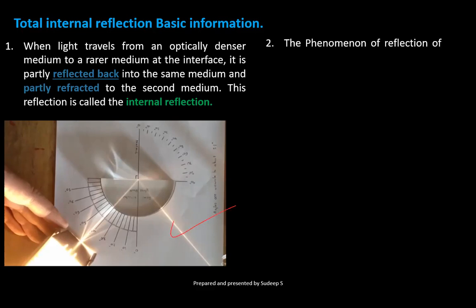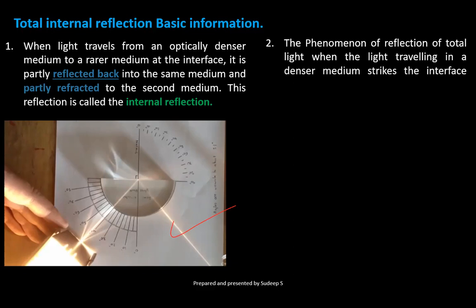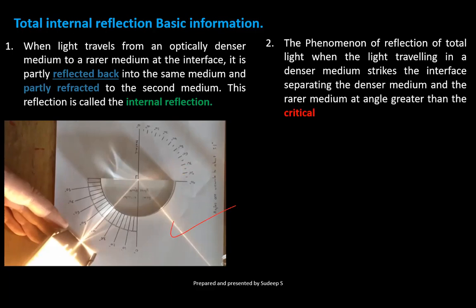Total internal reflection is the phenomenon of reflection of the total light when light traveling in a denser medium strikes the interface separating the denser medium and the rarer medium. So this is the rarer medium and this is my denser medium. At an angle greater than the critical angle, we get total internal reflection.